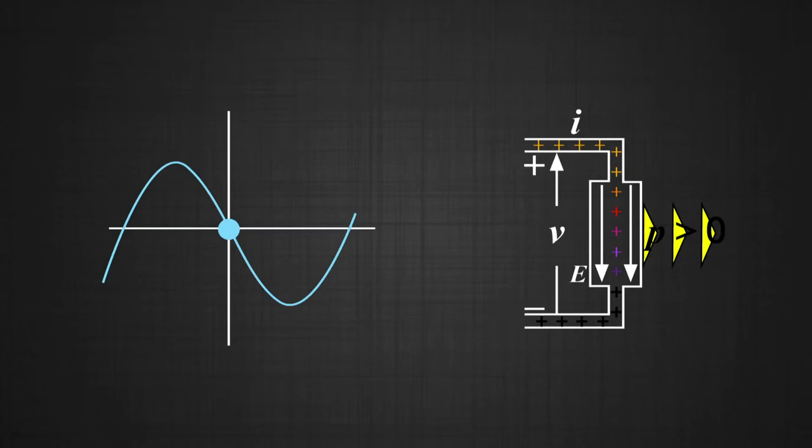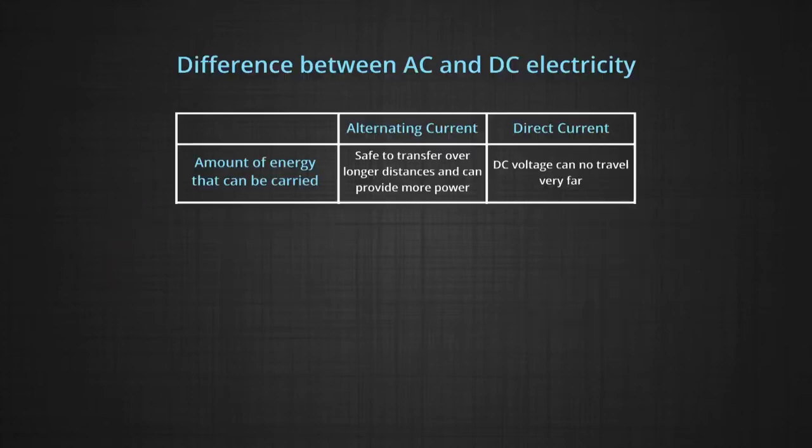As we have seen these two waveforms, what actually did we see? In terms of energy that can be carried, AC is safe to transfer over longer distances and can provide more power.